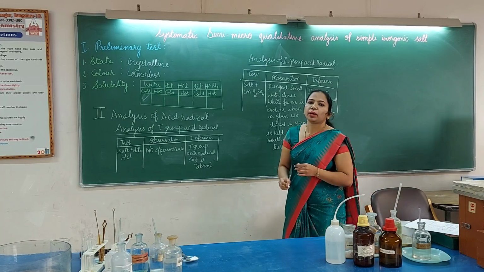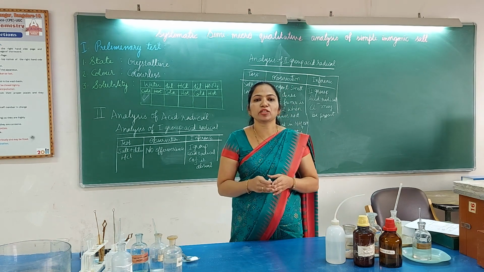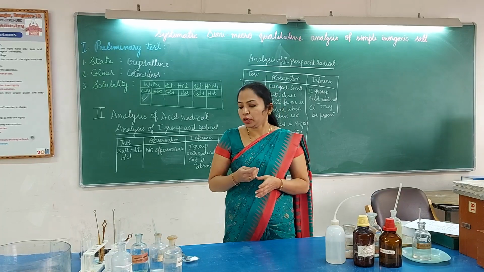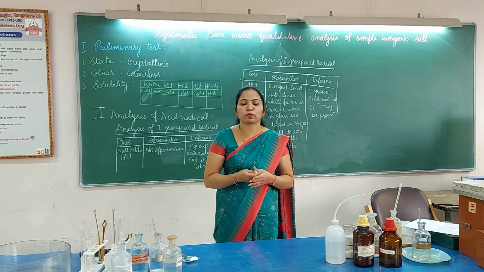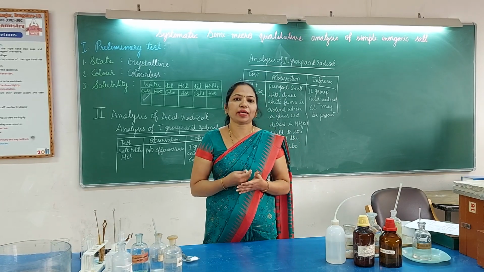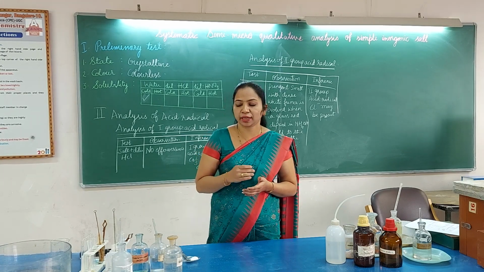Cl minus may be present. After the presence, you have to confirm. That is, you have to perform the confirmation test for chloride. The test is named the chromyl chloride test. So we'll perform that confirmatory test for chloride as well, and we'll see what changes take place.